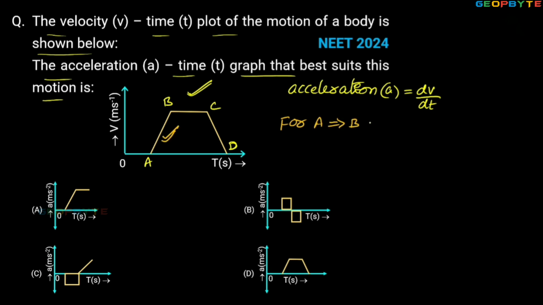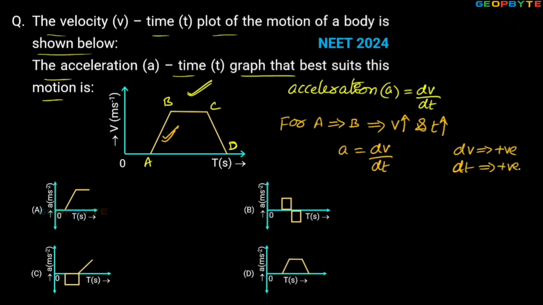A to B, velocity is increasing along with the time. That means velocity and time both are increasing. Then acceleration a equal to what? dv by dt. Since velocity is increasing, dv positive, along with the time, dt positive.